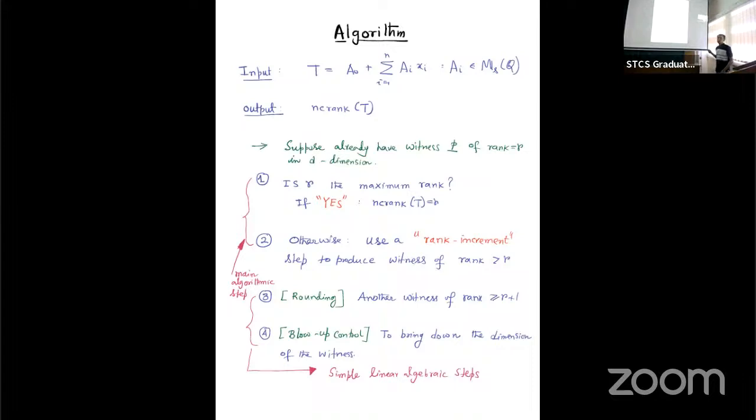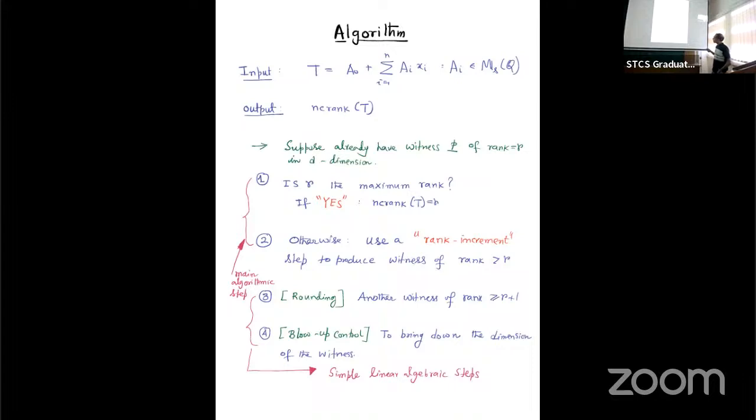If that is the case, the algorithm just stops and outputs the rank equal to R. Otherwise, it uses a rank increment step to produce a rank witness of more than R. But it is just more than R. Ideally, you would like to have R plus 1 so that you go to the next integer. For that, you use the rounding using division algebra to produce the witness of rank R plus 1.